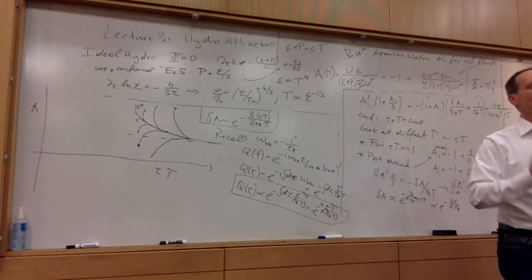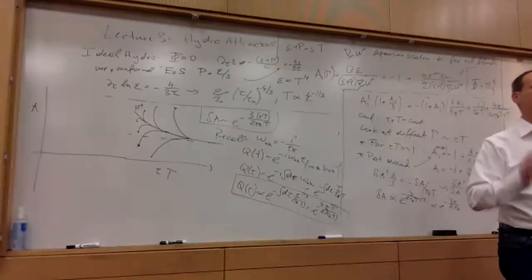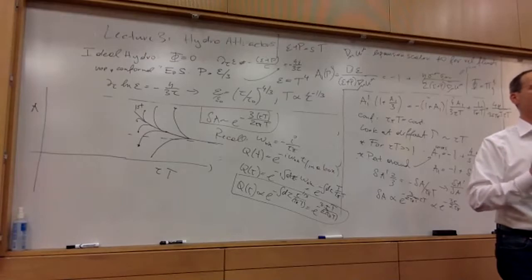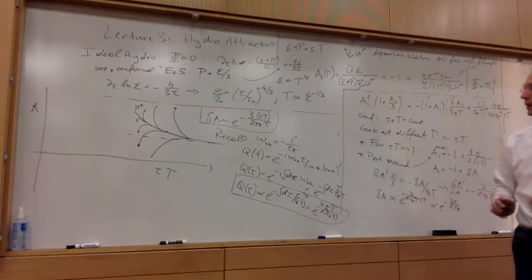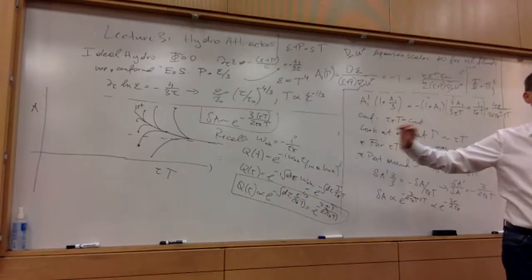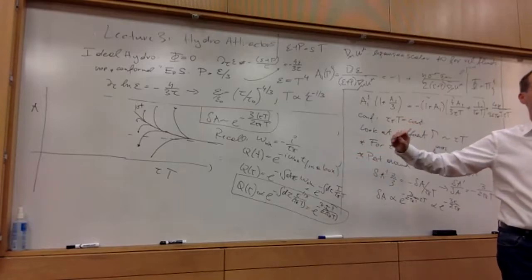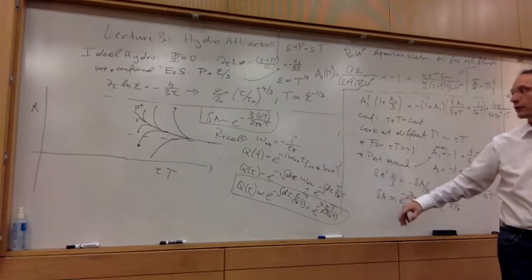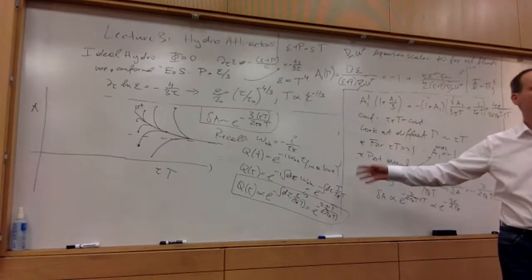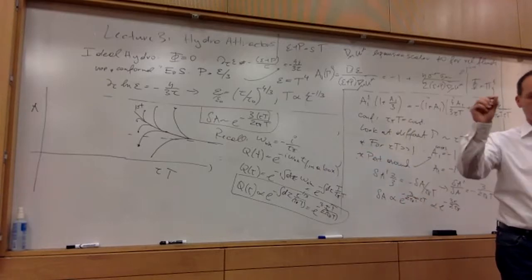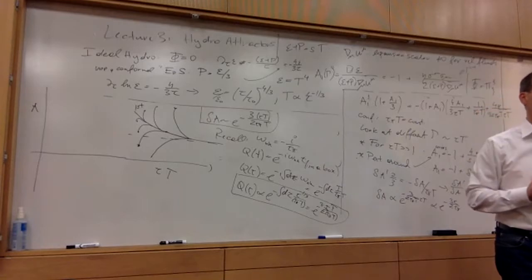So the short answer to your question is that it holds in general as far as we can tell. There are quite non-trivial cases where these checks have been done, which are more complicated than this. You don't have to be purely exponential, you don't have to be a power law, you don't have to have just a simple single pole in the system. It holds more generally than that.